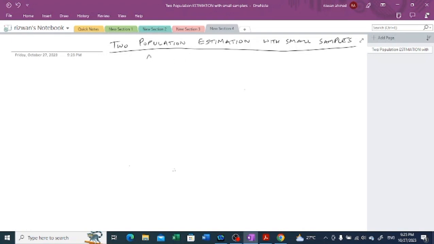Now when we go for small samples, small sample means both n1 and n2 are less than 30, and sigma 1 and sigma 2 are not given or known.